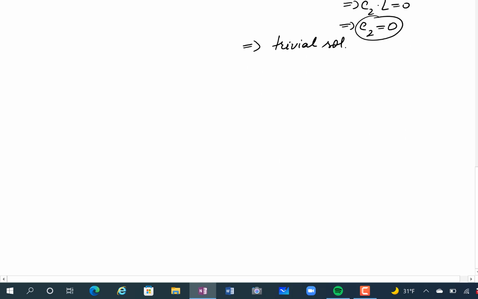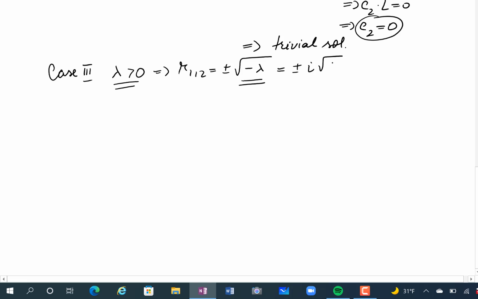So let's get to the interesting part. Case 3, lambda is positive. Then R1,2 are going to be plus minus square root of negative lambda. But if lambda is positive, this quantity is going to be negative. So we'll get plus minus i square root of lambda.